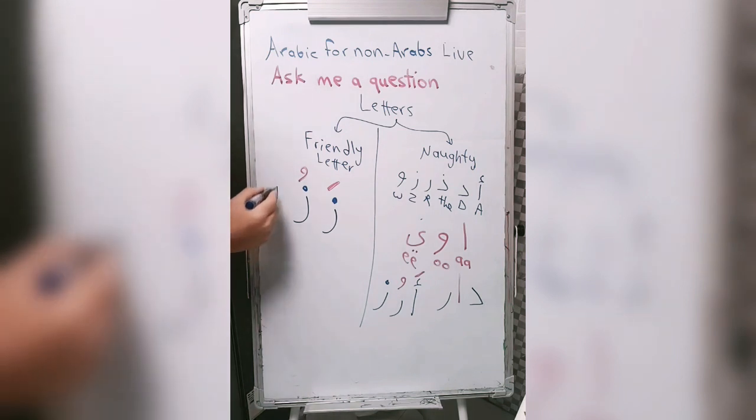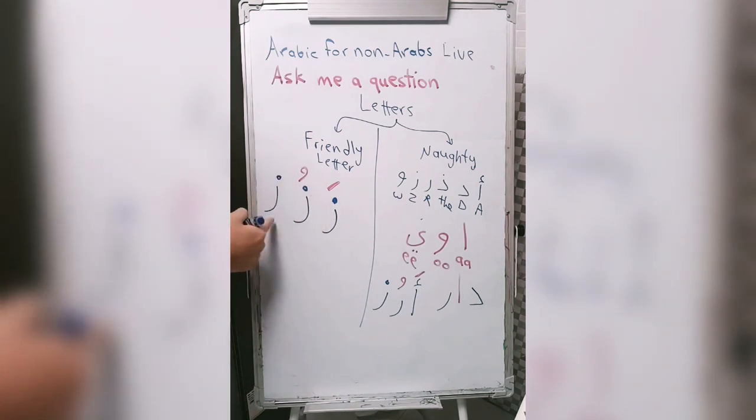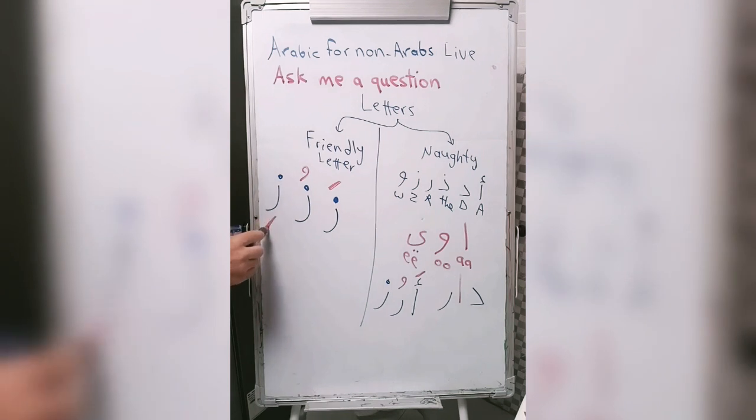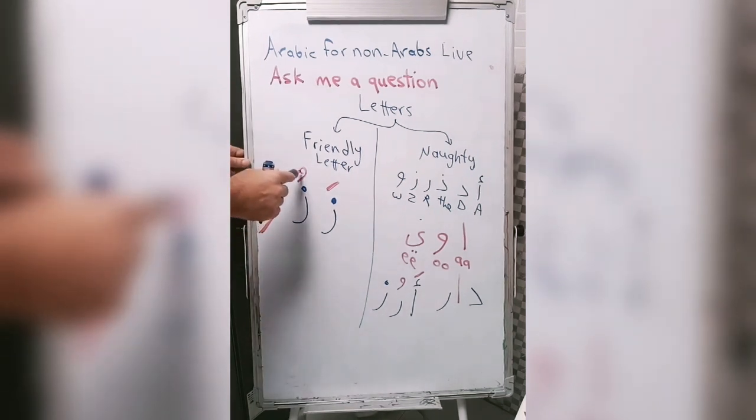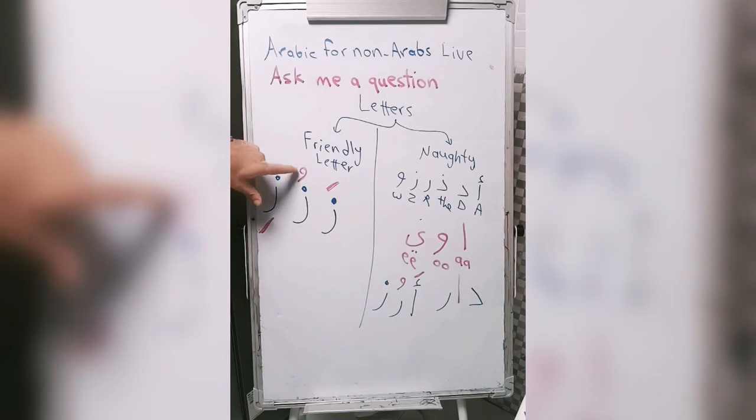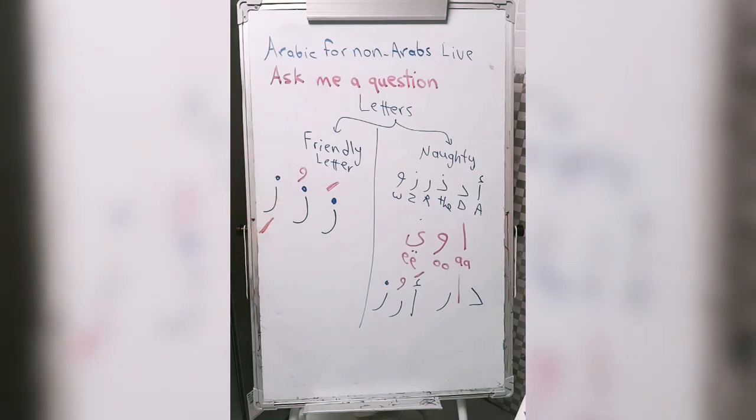If I put this sign under, it's going to be zi. You may tell me, why don't I put this sign under? This sign doesn't come under the line, the letters. It goes only on top of letters. So I have now za, zu, zi. And this is how you read words.